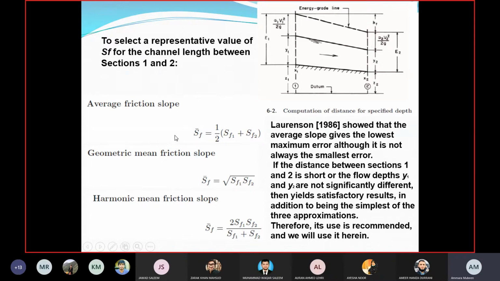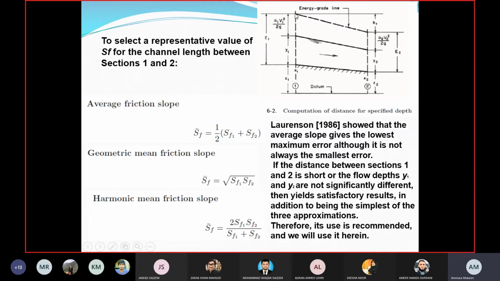And then you can calculate it by taking the geometric mean of two slopes, SF1 and SF2, which can be calculated using the depths at section 1 and section 2 respectively. Okay, SF1 can be calculated using Manning's equation or Chezy's equation. Any empirical equation can be used to get this slope.